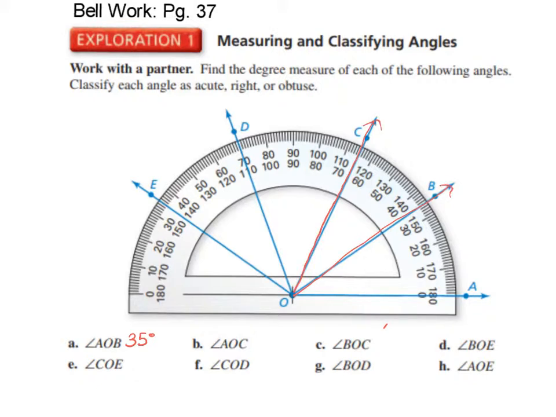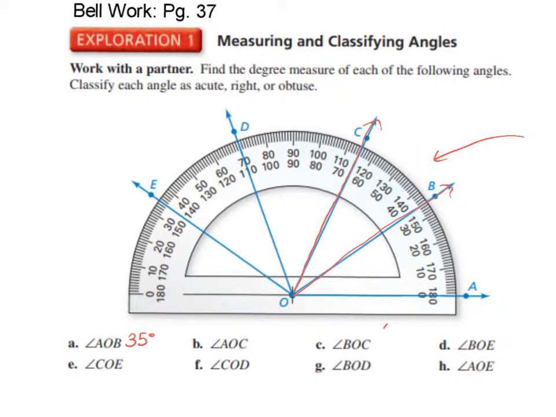I'm looking at this one in red. To find this angle, it's really just a subtraction problem. This is what I think about when I am finding BOC, something that isn't very easy to read because I don't have one side on that flat line there.